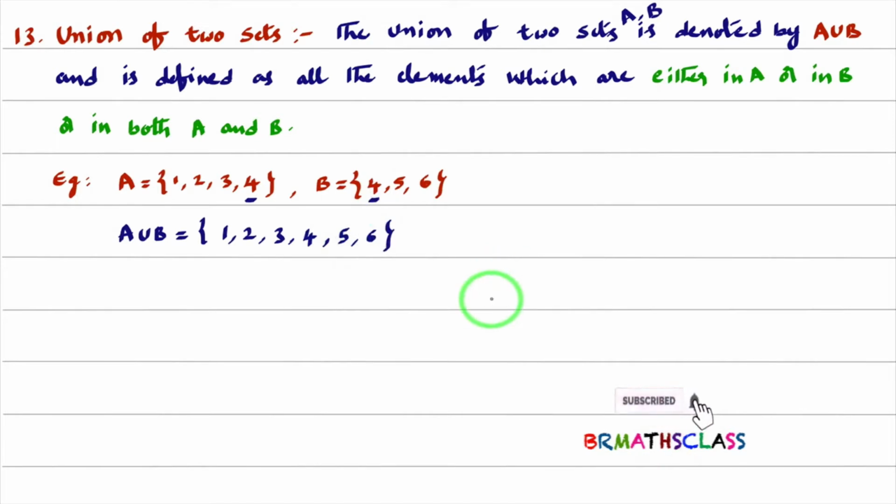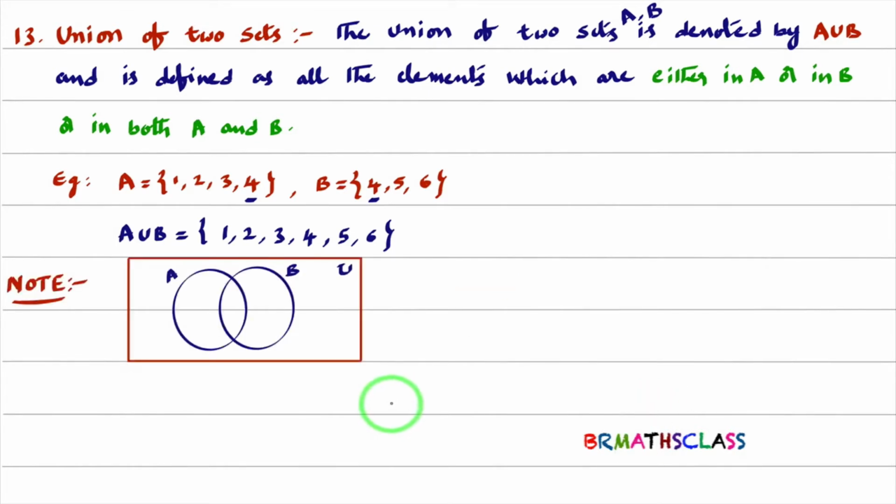Now we will learn a very important note related to union of sets. We will try to understand what is A union B in Venn diagram. Which zone is known as A union B in this Venn diagram? You observe this first circle is set A, second circle is set B. Where is the zone which is A union B?